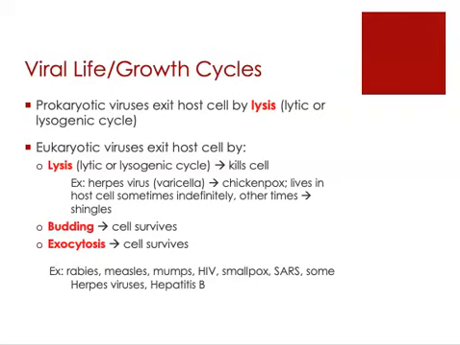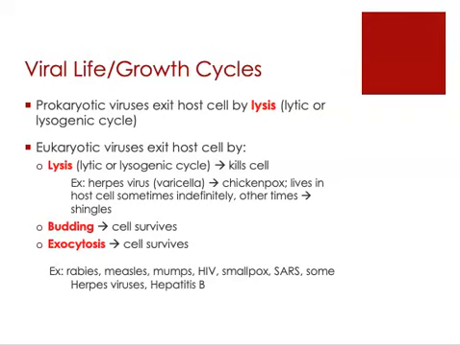So when it comes to the prokaryotic viruses, and remember by prokaryotic we mean bacterial and archaeal, the life cycles that we're seeing are the lytic and lysogenic type. And regardless, we're talking about those viral particles exiting their host cell through lysis. The eukaryotic viruses are different.